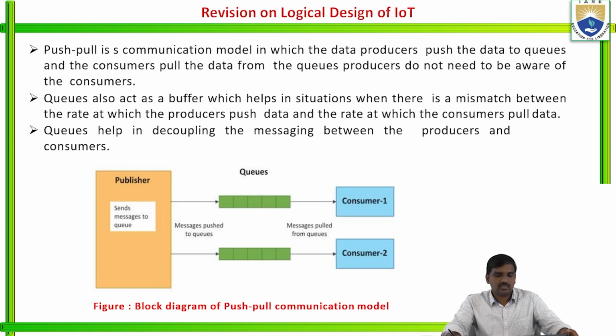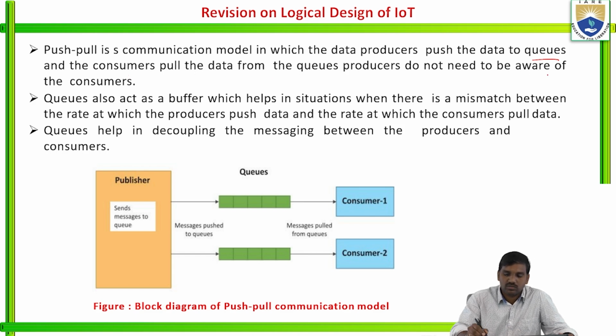And the third one is the push-pull communication model. The name itself says push the data and pull the data. Here, the data producers push the data to the queues and the consumers pull the data from the queues.